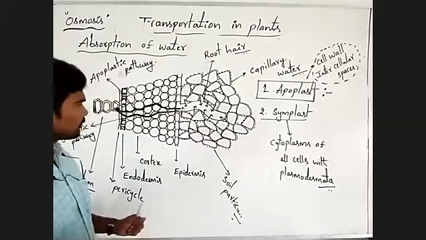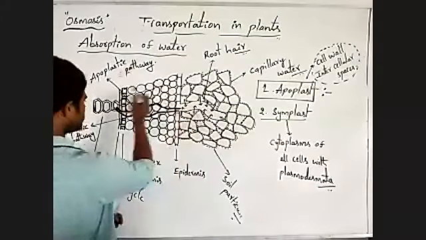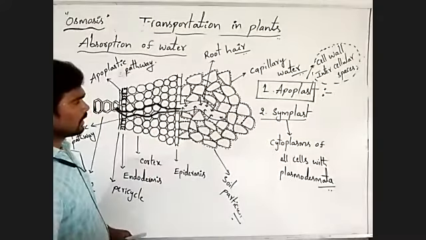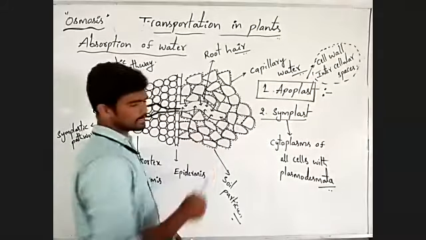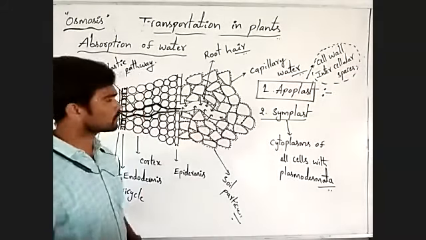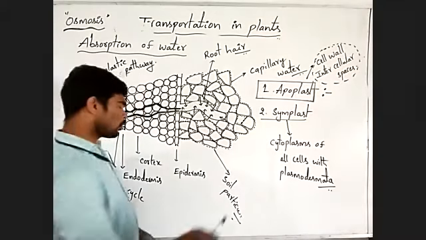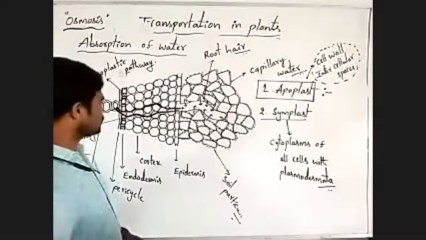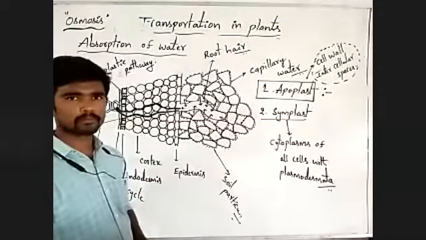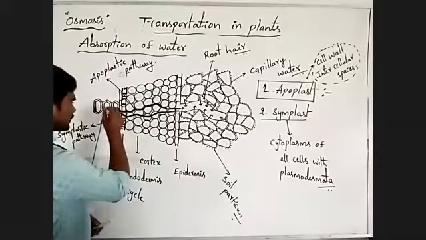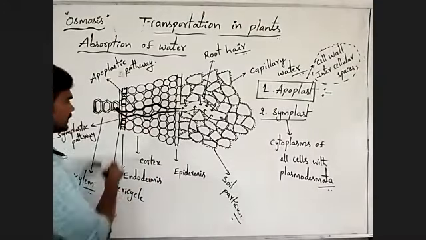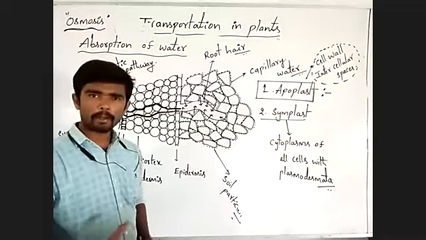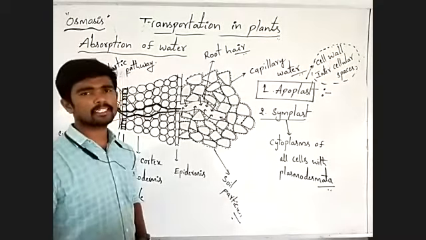Observe carefully here. This entire process takes place in the root. As a number of root hairs are involved in absorption, more water enters the xylem vessels at a time. That is why inside the xylem vessels of the root, one type of pressure is created.